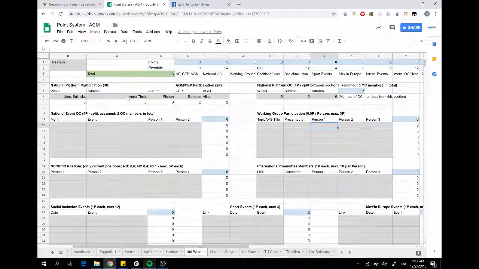The next part is working groups. These are national working groups, so nothing in your section, nothing in your city, nothing internationally. For example, there was a working group around national platform dates, and in general, reforming our national platform a bit, if you remember those.